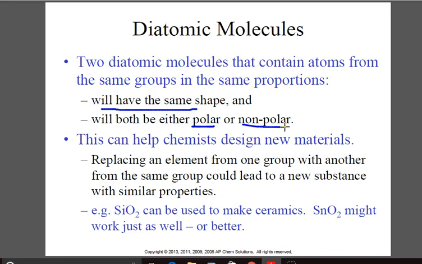Maybe because tin is larger, it might be a little more sturdy in that molecule, or maybe not. We'll have to explore to see, but at least we have some foundation from the silicon dioxide to build upon. So that gives you an idea of how chemists can start to design new materials.